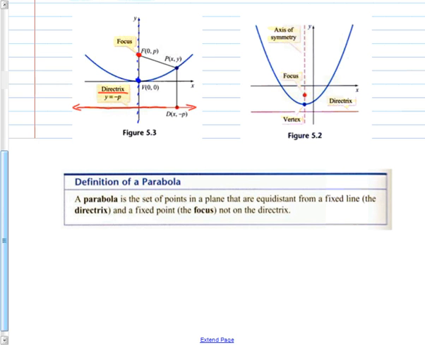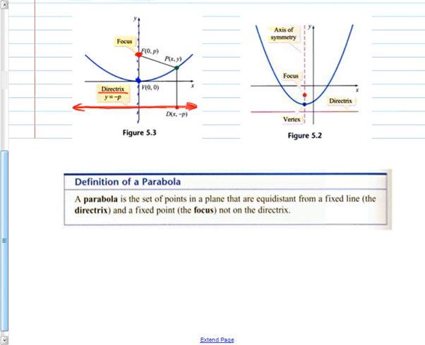Now, the definition of a parabola is, and the definition is going to be similar for all our conic sections, describes points in a plane. A parabola is the set of all points in a plane whose distance from a point called a focus and a line called the directrix is equal.